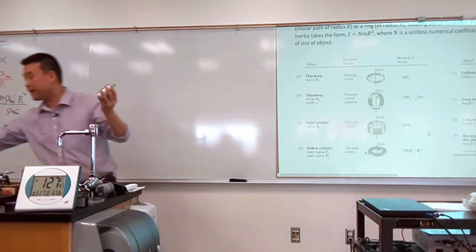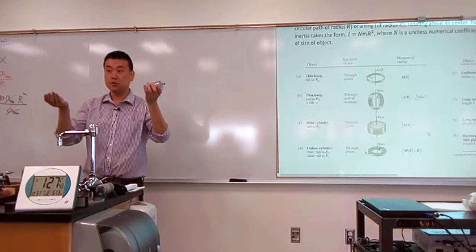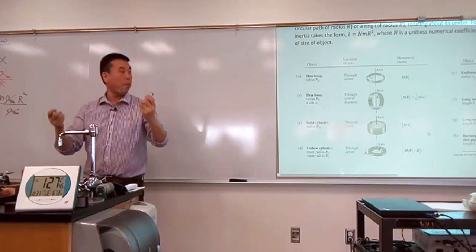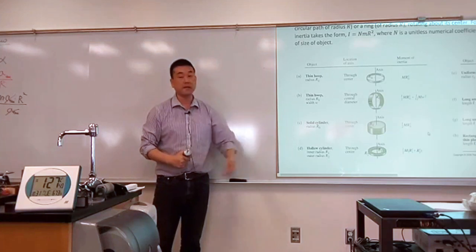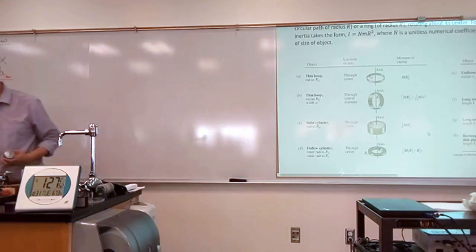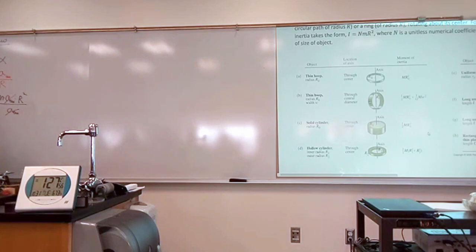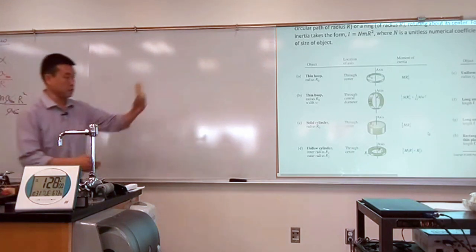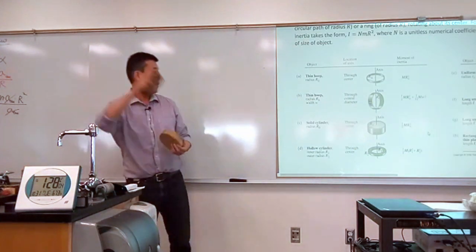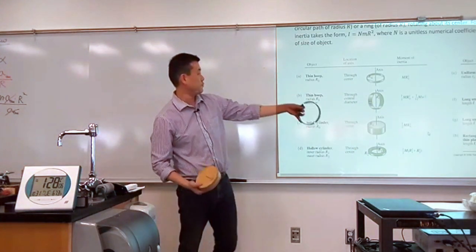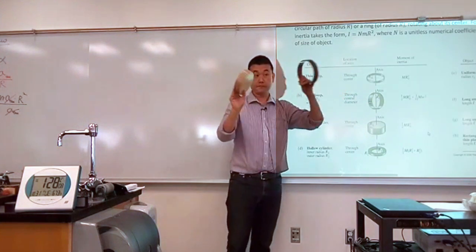We didn't care about that. Why are there so many different formulas for different geometrical objects? As an example, why does it list 2 different formulas, one for a solid cylinder and one for a thin hoop?